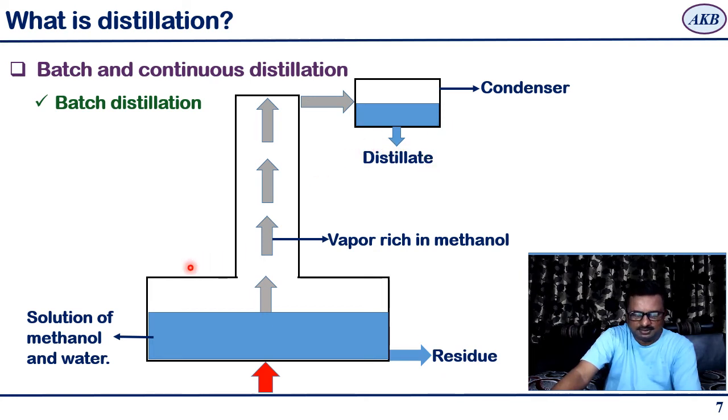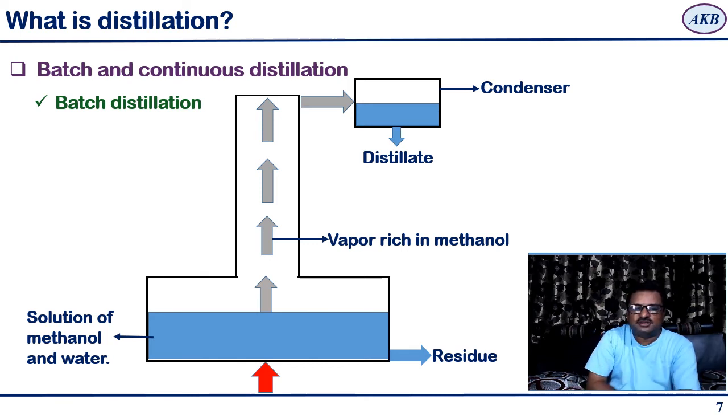In this particular example, the distillate will be rich in the more volatile component, that is methanol, and the residue will be rich in the less volatile component, that is water. The separation purity of distillate is limited. The concentration of methanol in distillate is limited because there is no repetitive boiling and condensation.